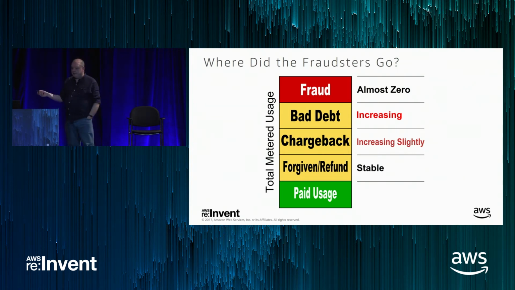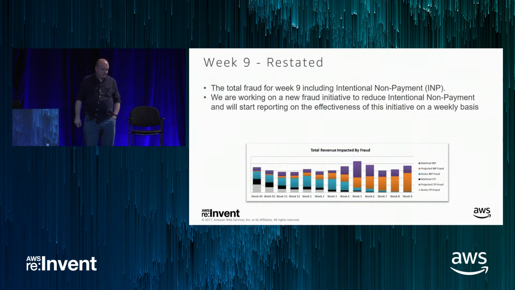So we made a definition, we gathered the data, we told management that we thought we had something going on, and bingo. The black and gray used to be fraud. All those pretty colors is what the reality was with regards to our new intentional non-payment definition. Okay, so we thought we were good.